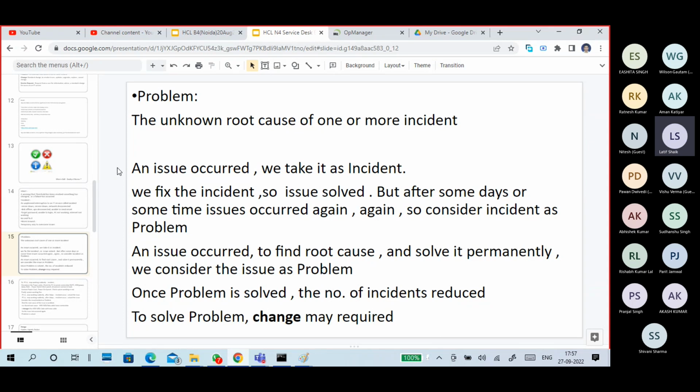When the ticket is given to the appropriate team, like a desktop support engineer or network engineer, and they open the ticket and see it, the ticket status changes to open.